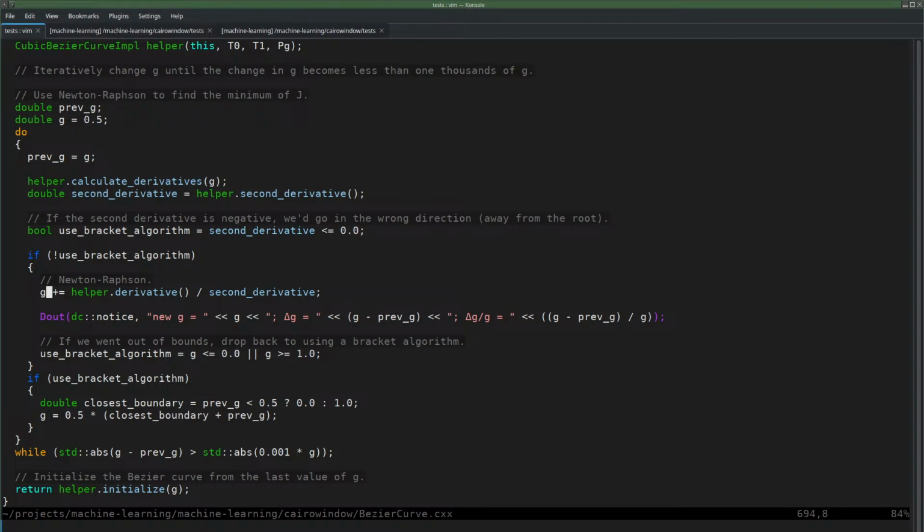Yeah, so it's subtracted and I'm adding it. Guess it was a thingo.